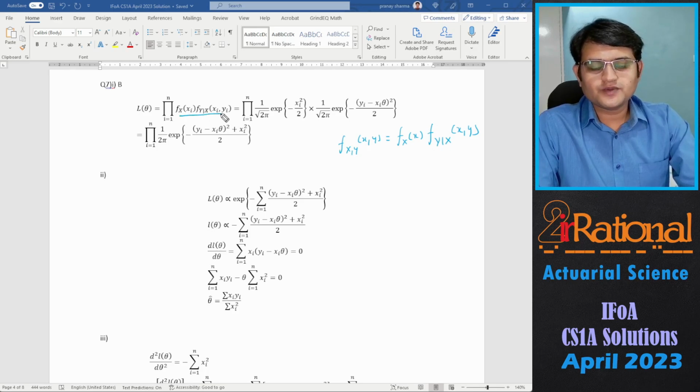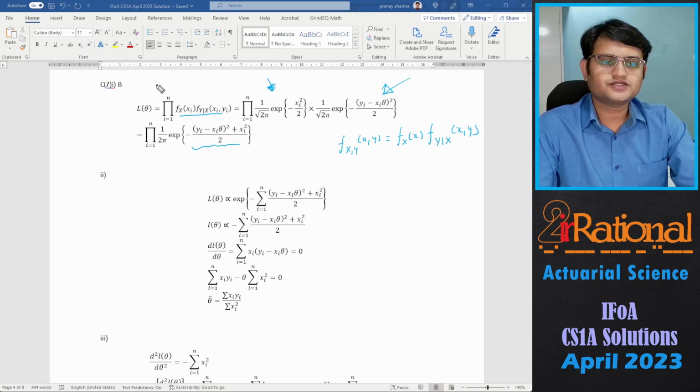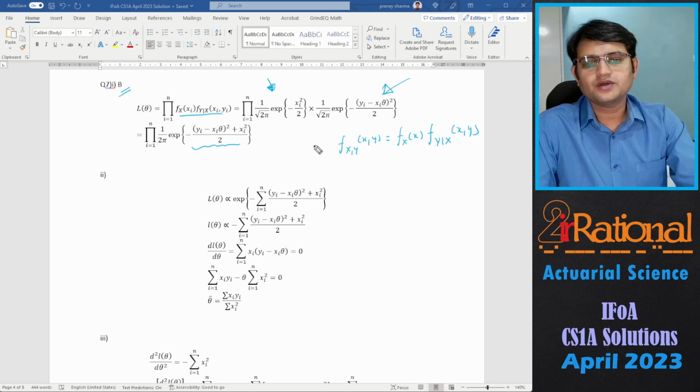So that is what we'll be using here for the likelihood. We'll substitute the density of standard normal distribution, and this is for normal distribution, and then combine them together. We'll get this, and that is nothing but option B.